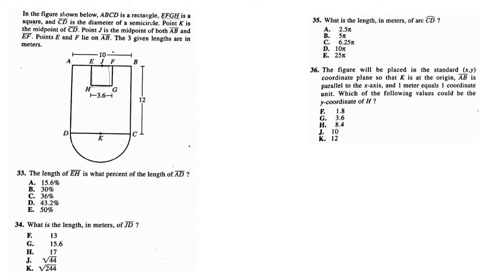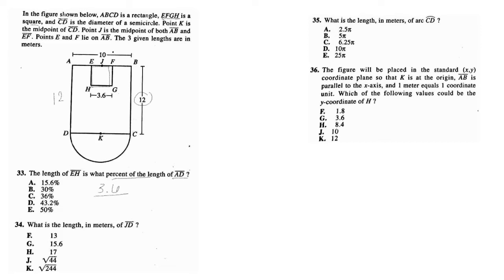So I automatically then know that the length of EH is going to have to be 3.6. And that is what percent of the length of AD? Well, AD looks like this side's going to have to be 12 as well.